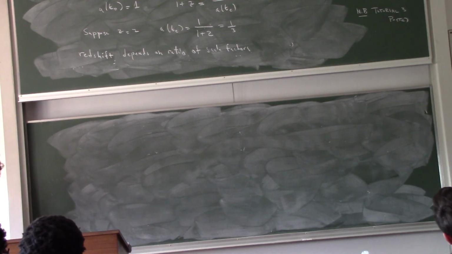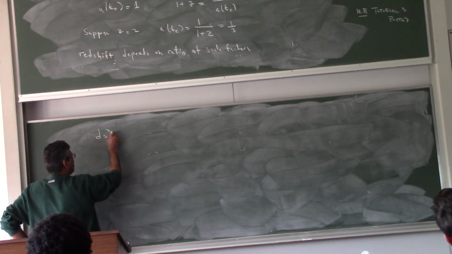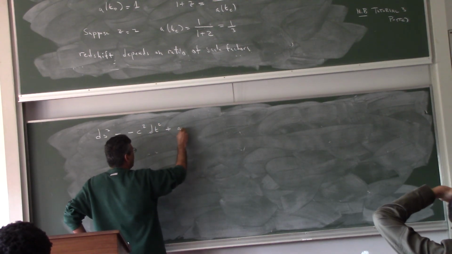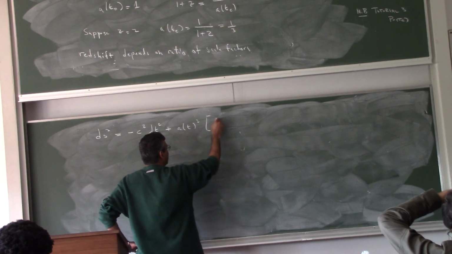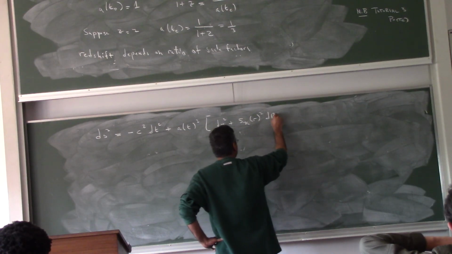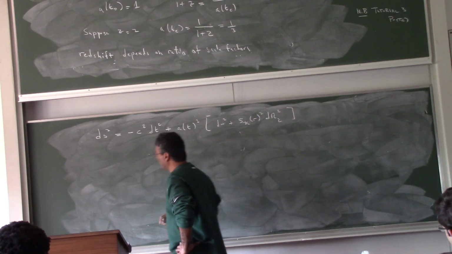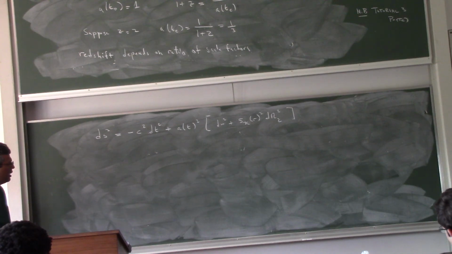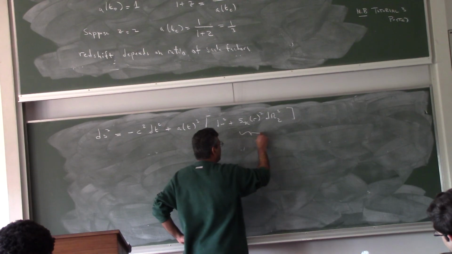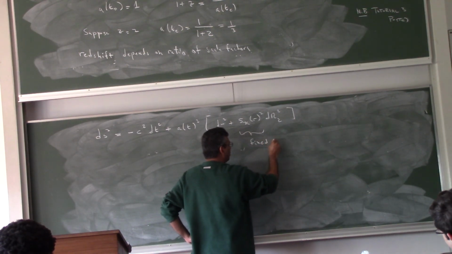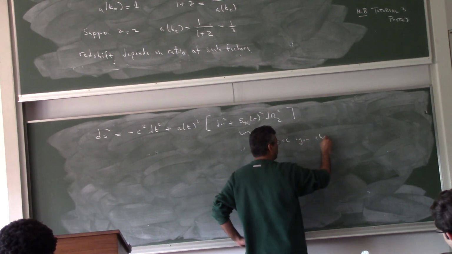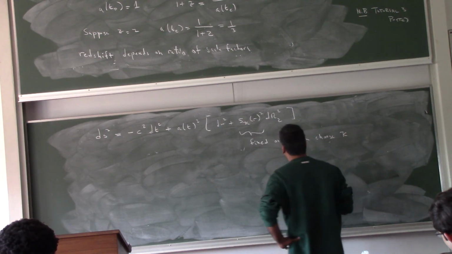The metric we've written, consistent with homogeneity and isotropy, looks like minus c squared dt squared plus a of t squared times dr squared plus S kappa of r squared d omega squared. If you look at this equation, S kappa of r is fixed once you choose kappa.